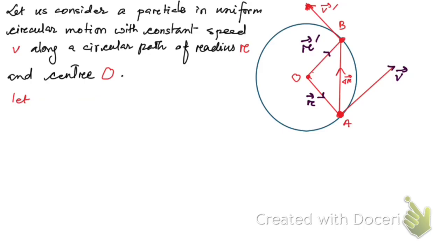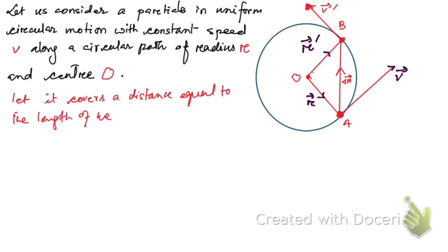It covers a distance equal to the length of the arc AB, this arc, the length of this arc AB from A to B, in time interval del t.